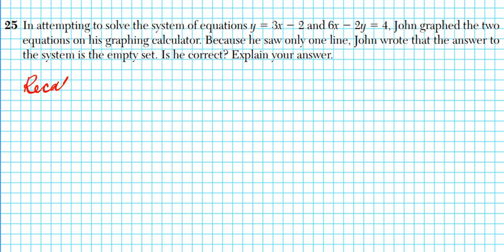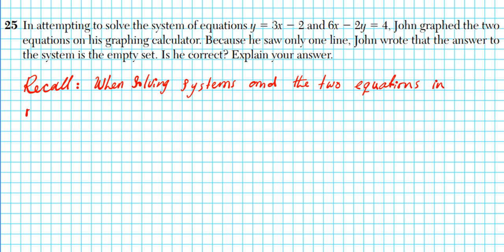So recall, when solving systems, if the two equations in reduced form are identical, then you have infinitely many solutions.